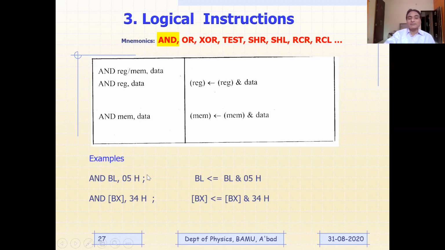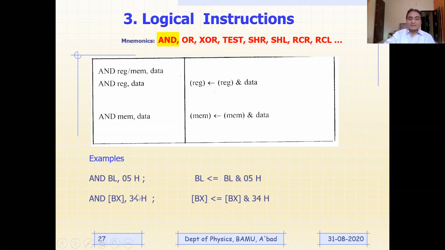अब देखिए पहला एग्जांपल हमने लिया है AND BL, 05. तो destination हमारा क्या है? 8-bit register है, source भी हमारा 8-bit data है. So what does this mean? This means that this 8-bit data is going to be logically ANDed with BL, and result is going to be updated in BL.